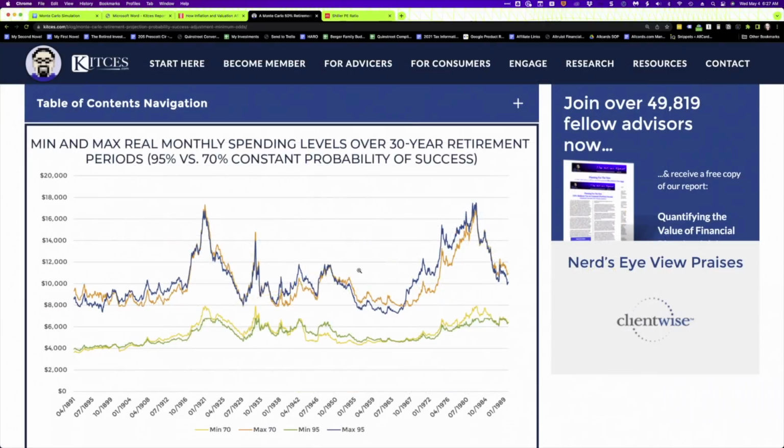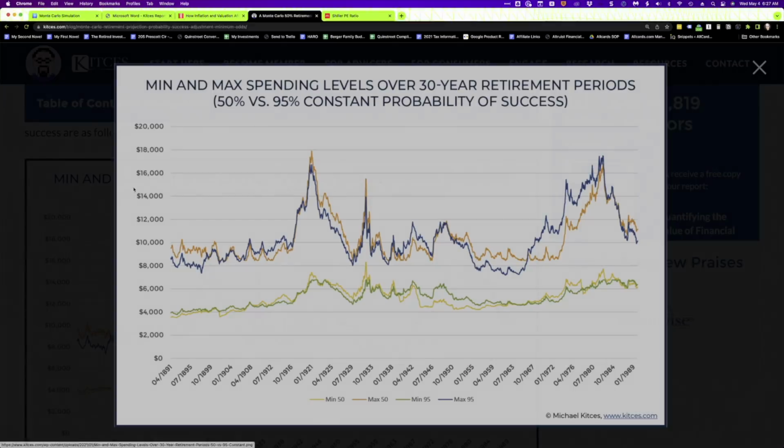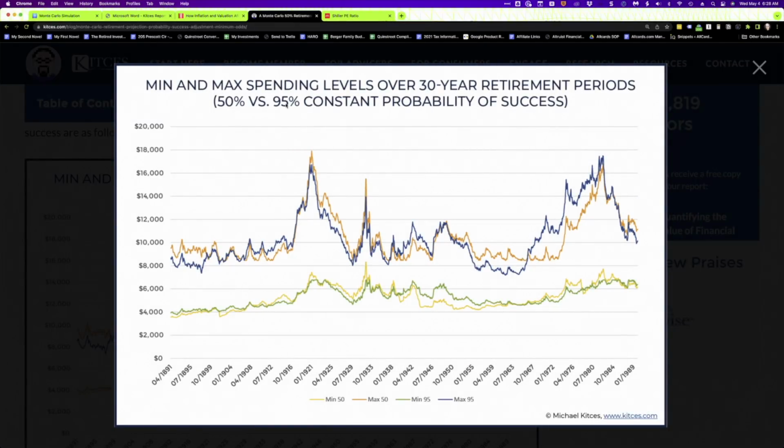Now, if we go down to the 50% comparison, here it is. We're comparing 50% to 95%. We'll just use the top line. They're remarkably consistent. What's interesting, by the way, is that you see some variability in the 60s.